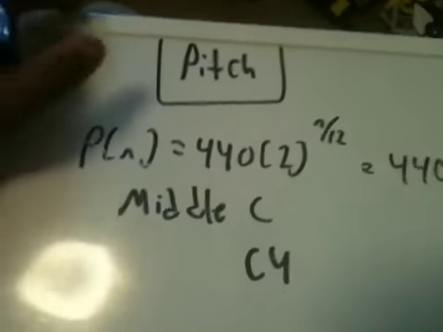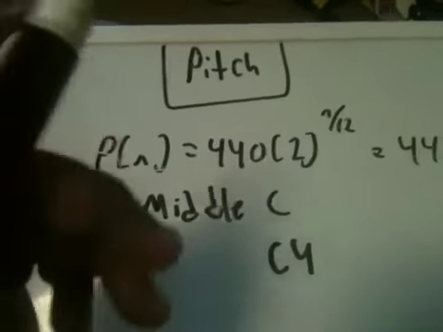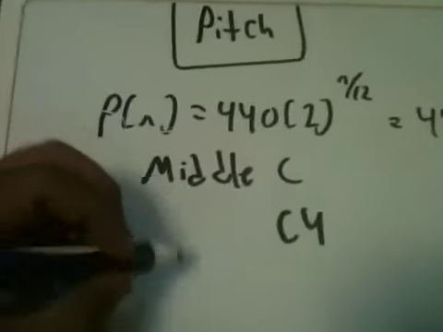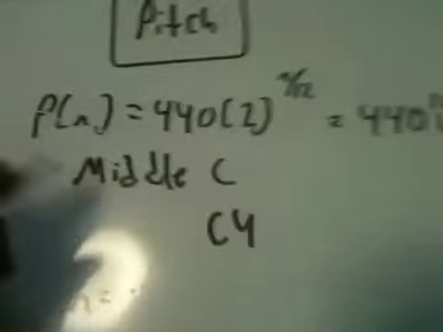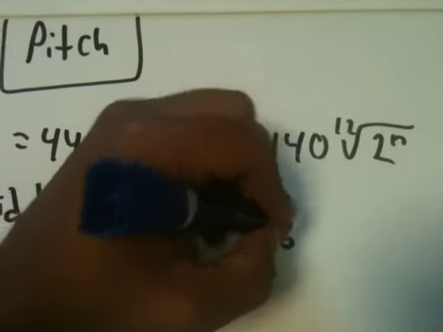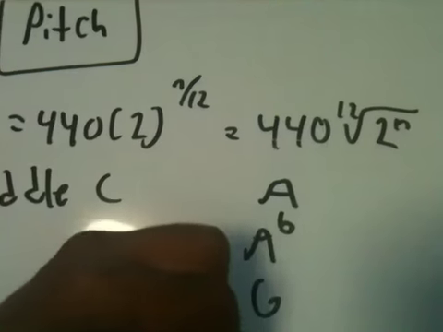We first have to find out how many semitones or half steps below A440 this is. So I'm going to count. We have A, and then A flat, that's 1. G makes 2.